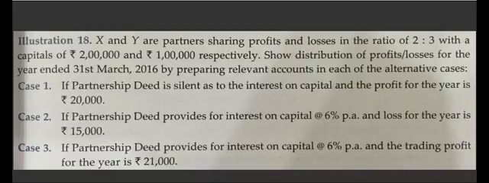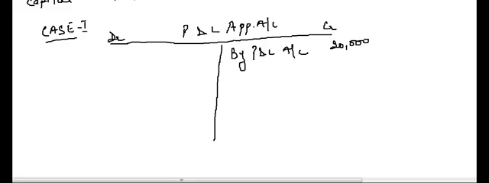Next, it says partnership deed is silent as to interest on capital. Now what will be the treatment? If the partnership deed is silent as to interest on capital, then the provisions of Indian Partnership Act 1932 will apply, and the provision states that no interest on capital is to be paid. So this profit will be distributed as such.